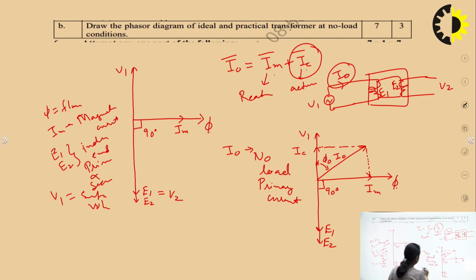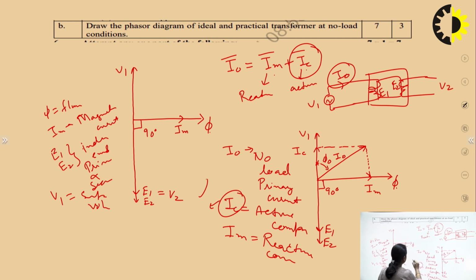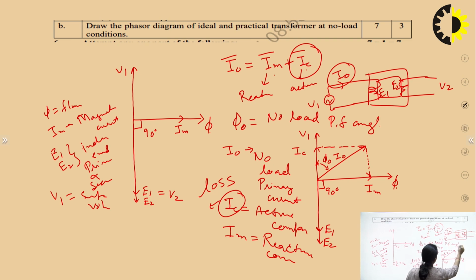IC is the active component, as I have already written, and IM is the reactive component, or we can also call it the loss component. And what else? The phi naught. This phi naught is called the no load power factor angle. So this is how you can draw the phasor diagram, right? So this is the required answer for this question.